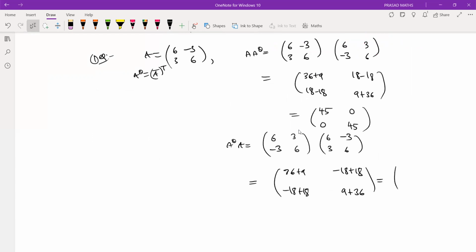That is nothing but 45, 0, 0, 45. So what you observe is both are the same. A into A theta equals A theta into A, both are equal. Therefore, A is a normal matrix.